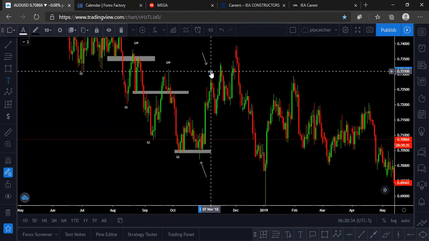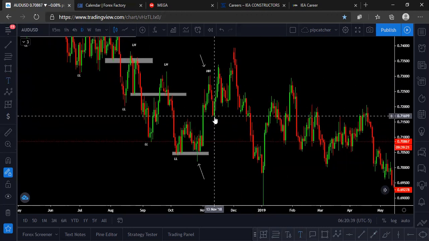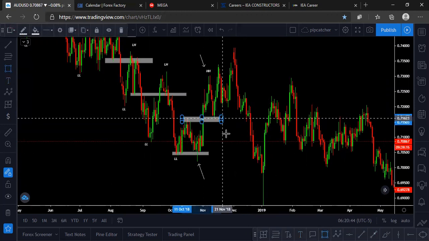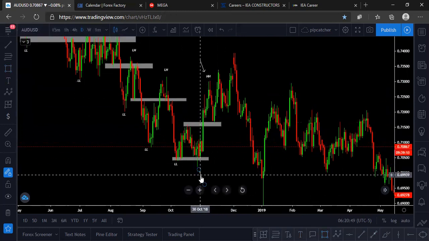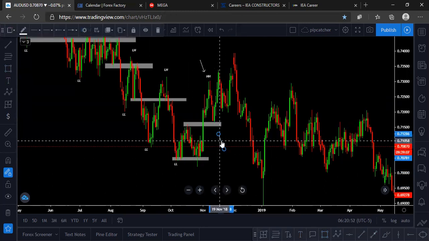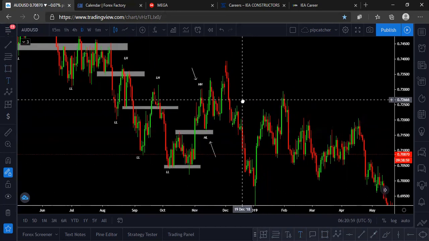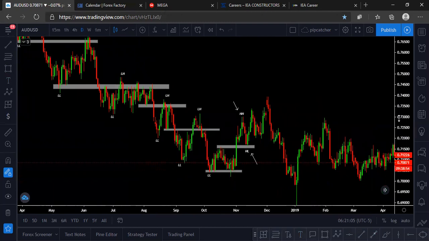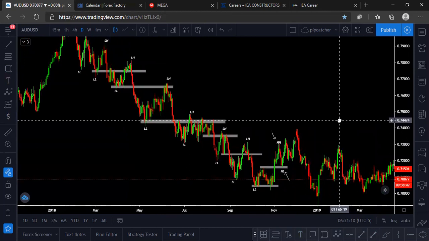Now, if I was to sit and be patient and wait for price to trade back into this previous broken structure right here, I would have a beautiful entry opportunity around my higher low area for a buy, right?